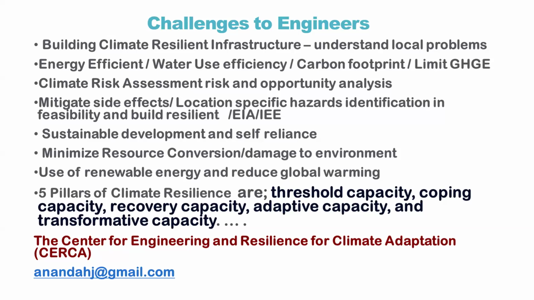Then minimize resource conversion, damage to environment. You convert resources. You convert forest to timber and build houses, furniture. But when you stop felling trees and construct your furniture and houses, if you construct your doors and windows with aluminum, that will help.